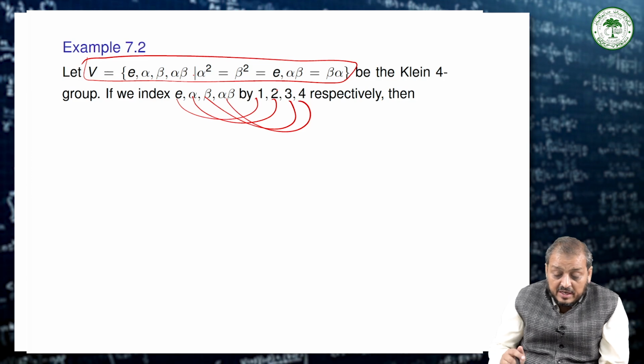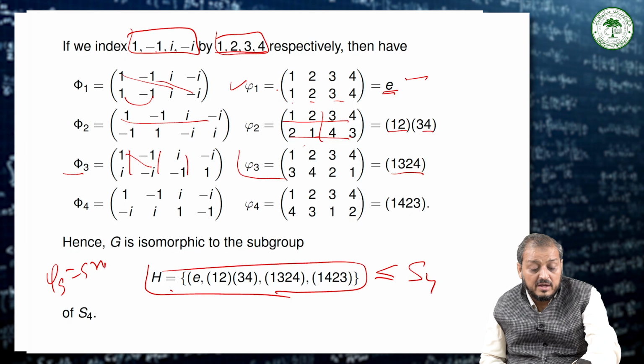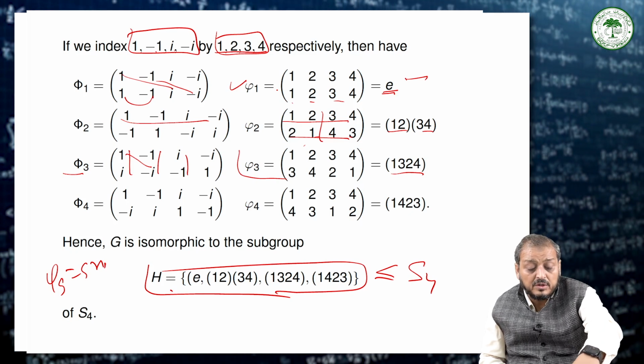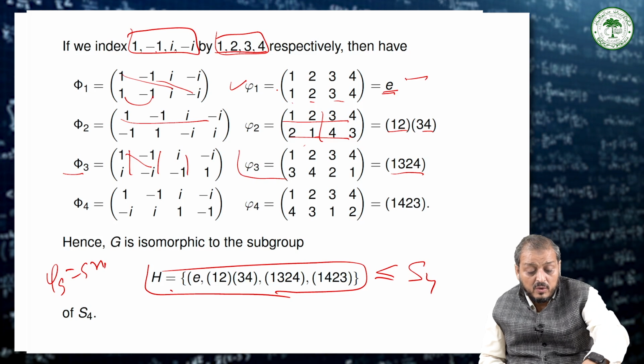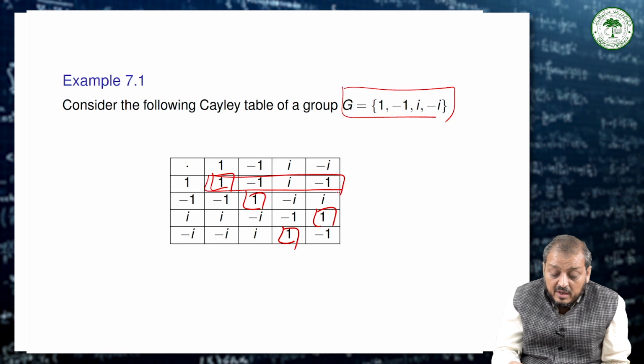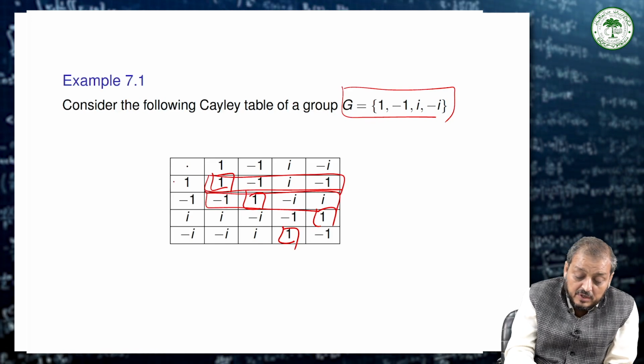You just see, I am replacing into this form. This is 1 2 3 4, and then we take this element, then next we write it in this form. This is the first row corresponding to this table.